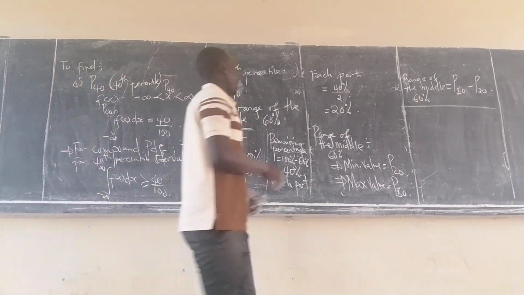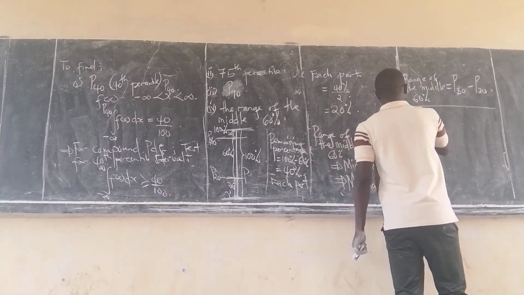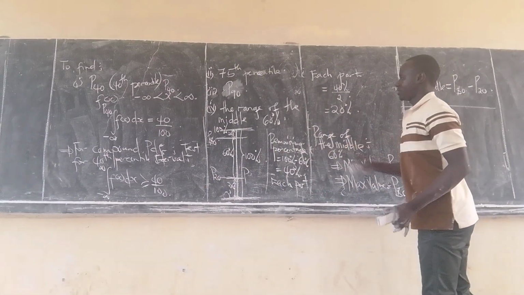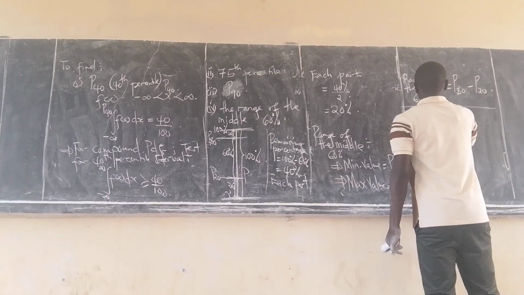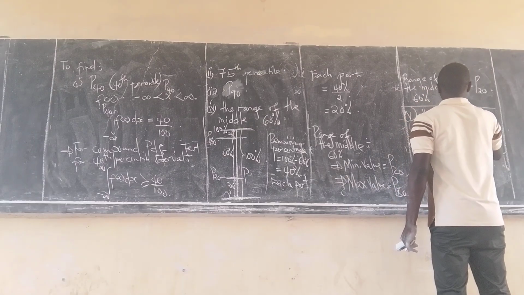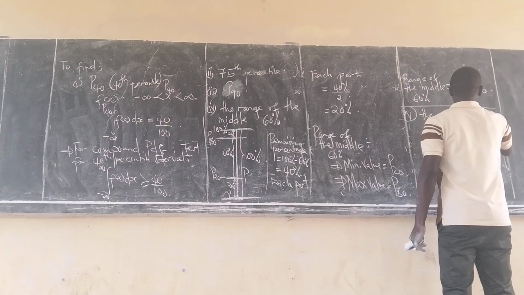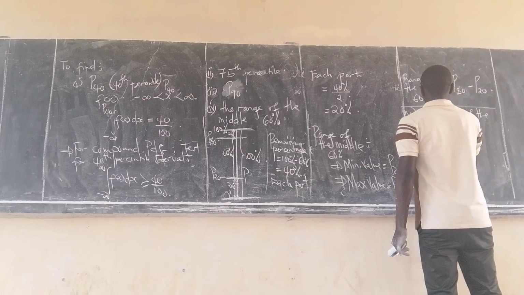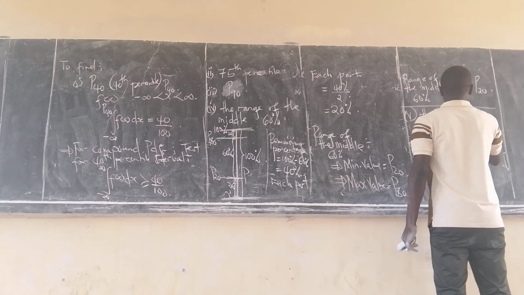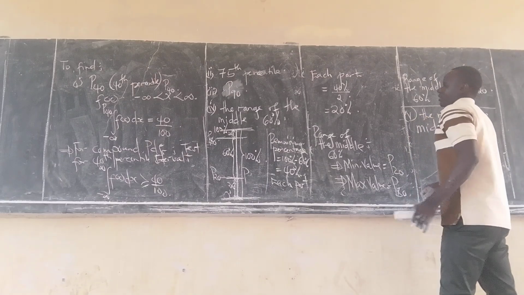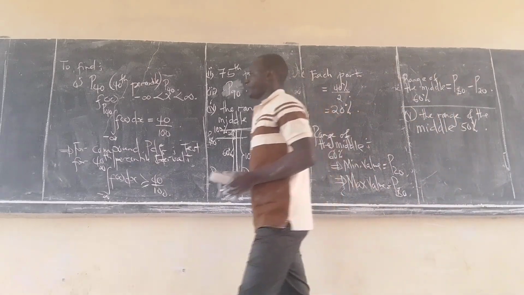So you will try and derive this similar content for when they want you to get the range of the middle 50% of the distribution.